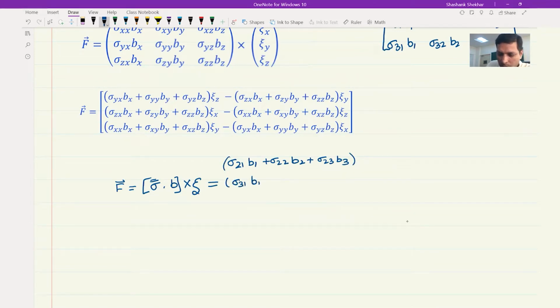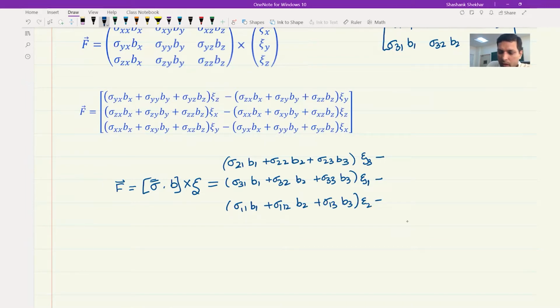Sigma 31 b1 plus sigma 32 b2 plus sigma 33 b3. Sigma 11 b1 plus sigma 12 b2 plus sigma 13 b3. And this is 3, 1, 2, and then there is a second term over here.